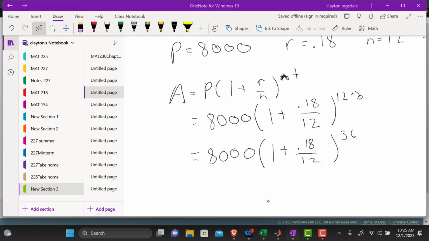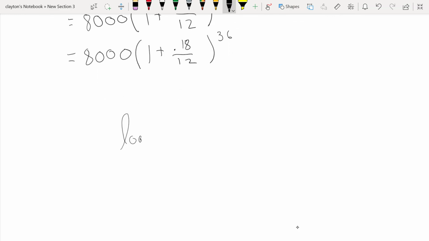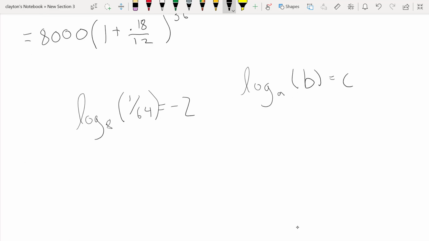Log base 8 of 1 over 64 is equal to -2. Okay, so all we really want to memorize is if we have log base A of B is equal to C, and it doesn't really matter what placeholders you use here, this is going to end up being A raised to the C is equal to B. So this is going to allow you to go back and forth between the two.